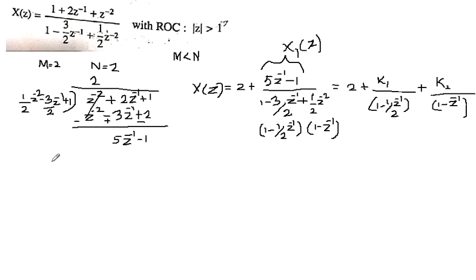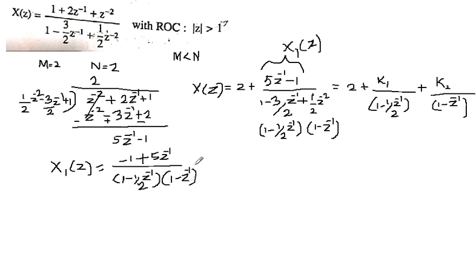So x1 of z is nothing but minus 1 plus 5 z raised to minus 1 divided by 1 minus 1 by 2 into z raised to minus 1, and the other one is 1 minus z raised to minus 1.